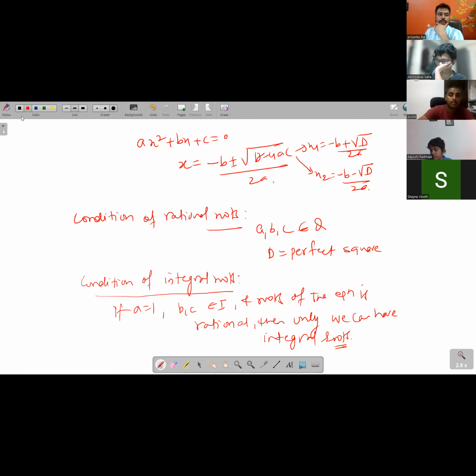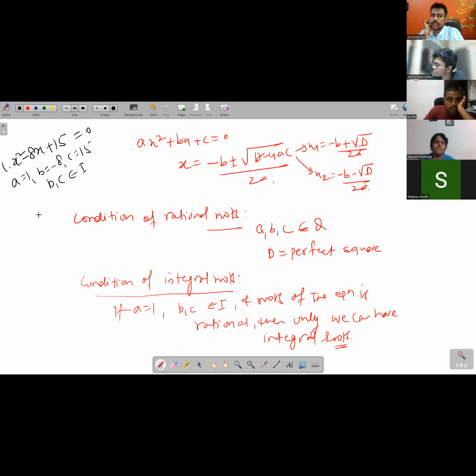See, we can take an example: suppose we have x square minus 8x plus 15 equal to 0. So a is 1, b is minus 8, and c is 15. So b and c belong to integers. Now we have to find whether this equation has integral roots or not.